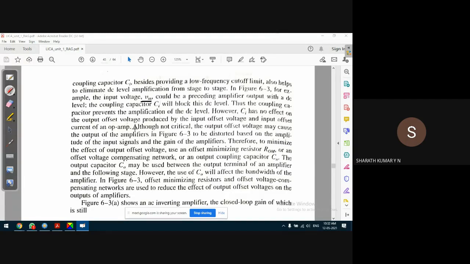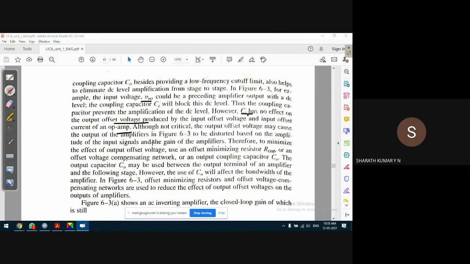One more important point is that the input capacitor Ci has no effect on the output offset voltage produced by the input offset voltage and the input offset current of the op amp. It hardly affects offset voltages.